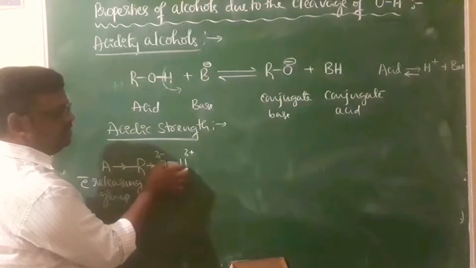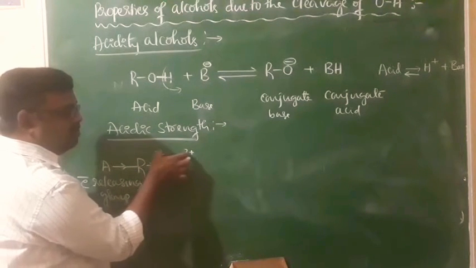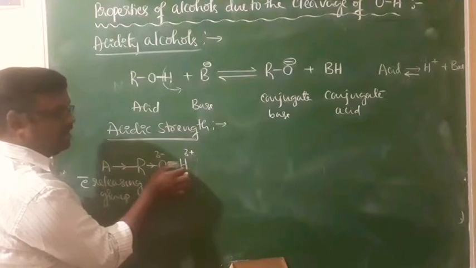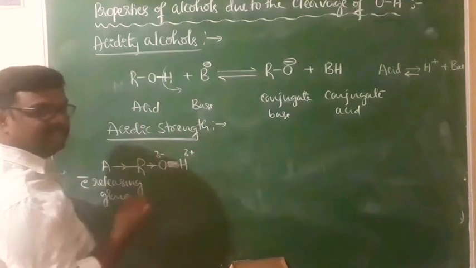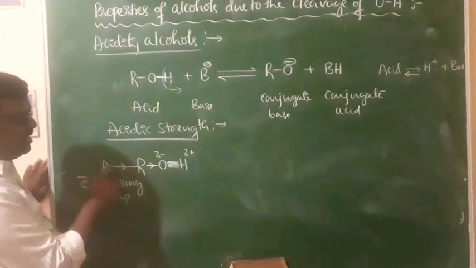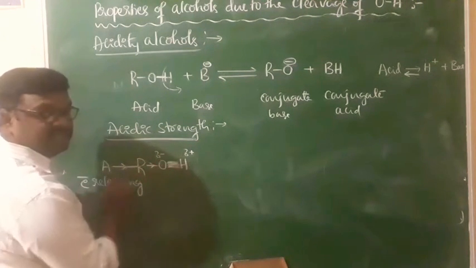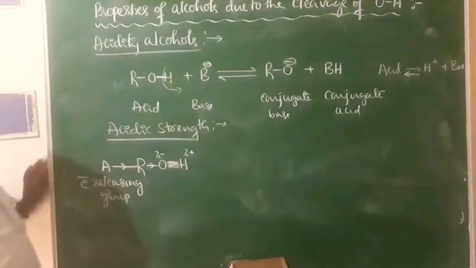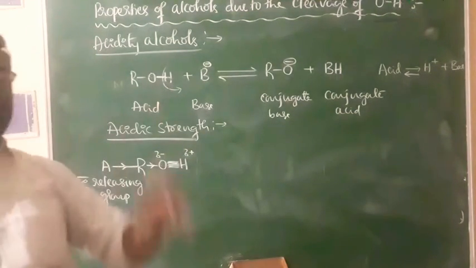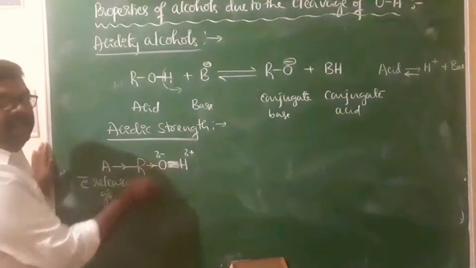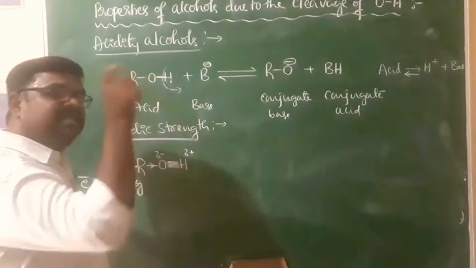If electron density between O and H increases, polarity decreases. The positive charge decreases, and then acidic strength decreases. Or, when an electron releasing group is connected, electron density between O and H increases, bond strength increases. It is difficult to break that OH bond. Then the ability to release H plus ions decreases.